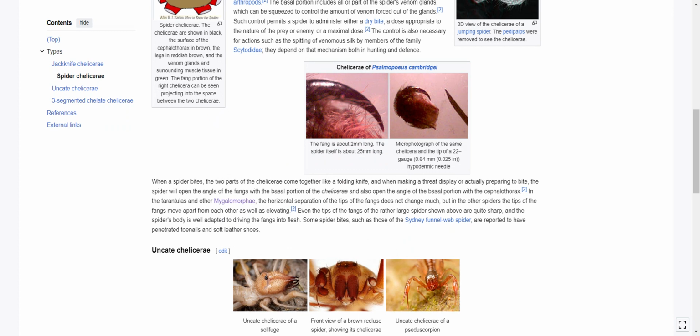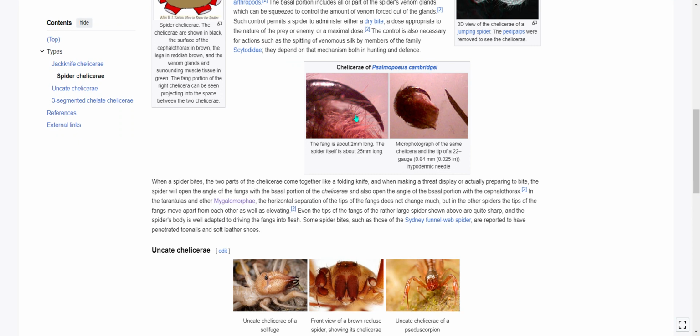The spider itself is about 25 millimeters long, so the fang is a nominal fraction of its body, about one twelfth and a half. Basically, if it were the length of a 12 inch ruler, it would be like 1 inch, just about.